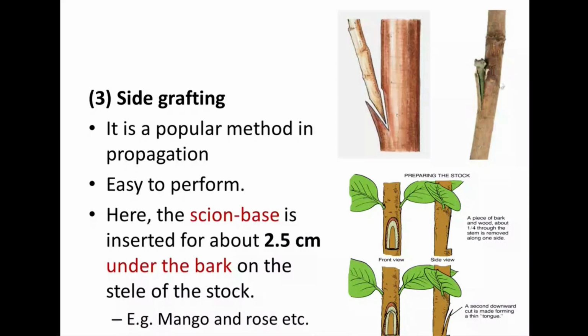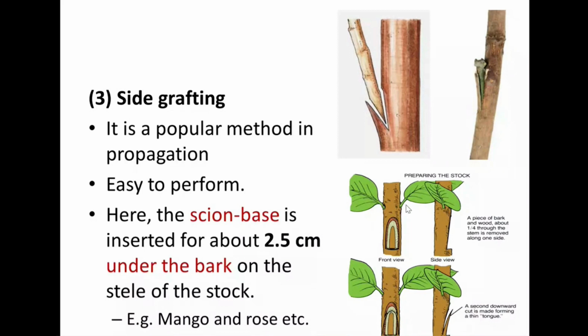Then we can take the scion from any other desired plant. Which variety do you want? Good quality, good taste, good appearance, good color. You take that scion and insert it into the rootstock, on the side of the bark. Just make an incision, insert that, and tie it.